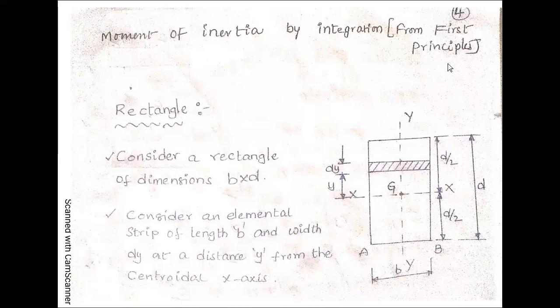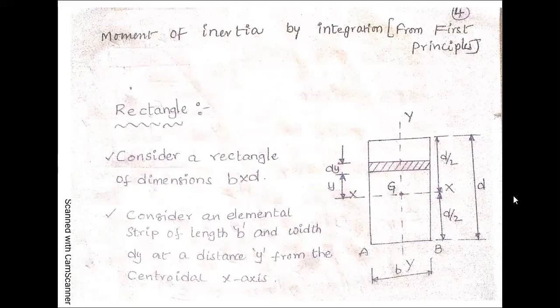First principles. So let us take a rectangle cross section. AB is the base of this rectangle, the value of AB is b, and d is the height of this rectangle. So the rectangle dimensions are b into d.